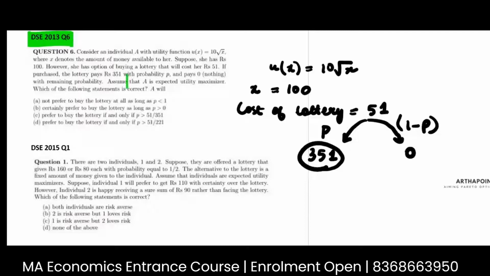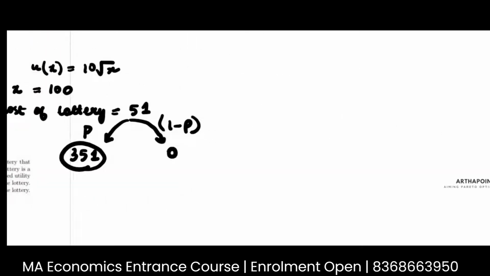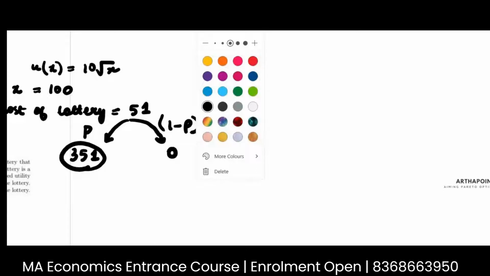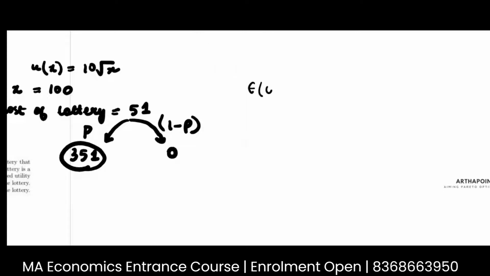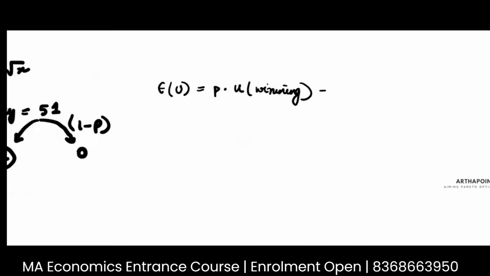Assume that A is an expected utility maximizer. Which of the following statements is correct? So first of all, because A is maximizing expected utility, the first thing we must do is find expected utility. My expected utility is the probability that I win the lottery times my utility from winning, plus the probability that I lose the lottery times my utility from losing.